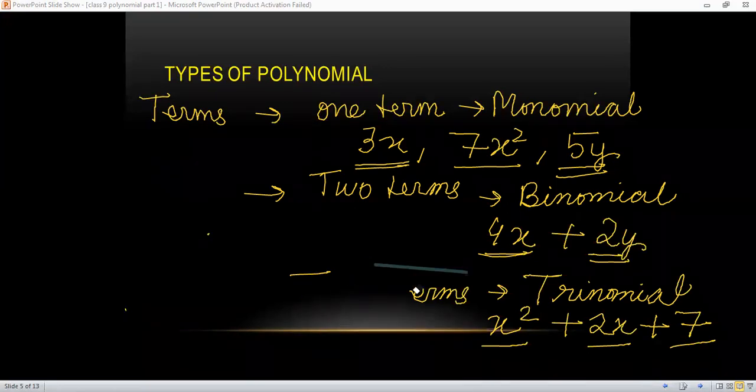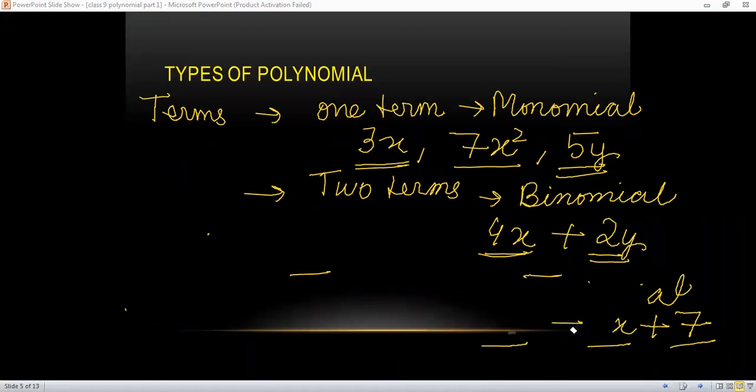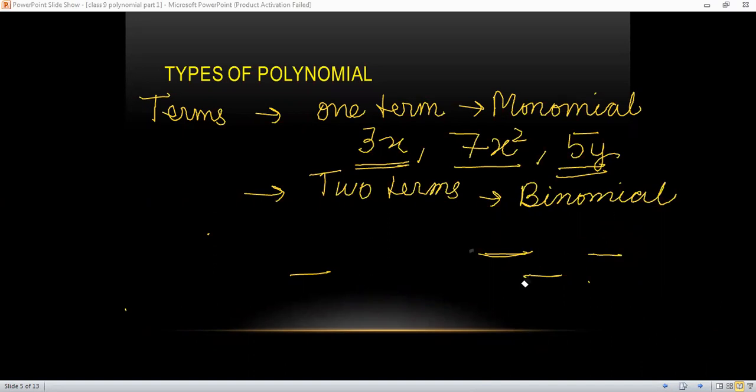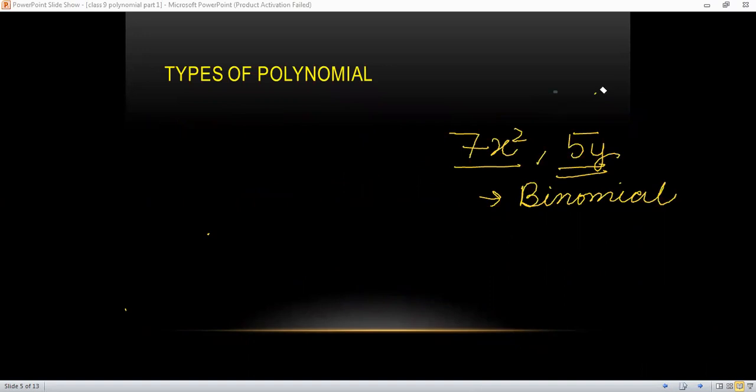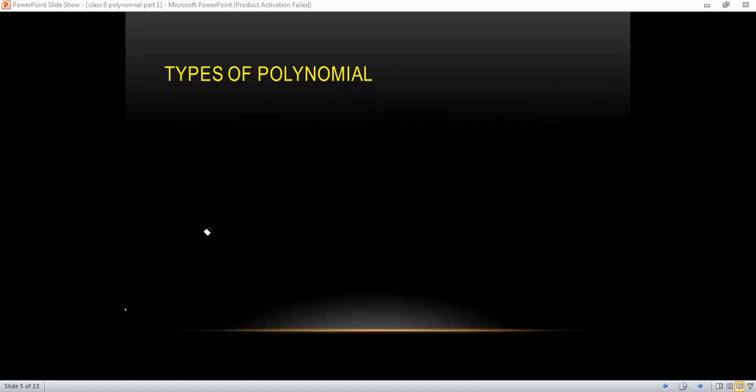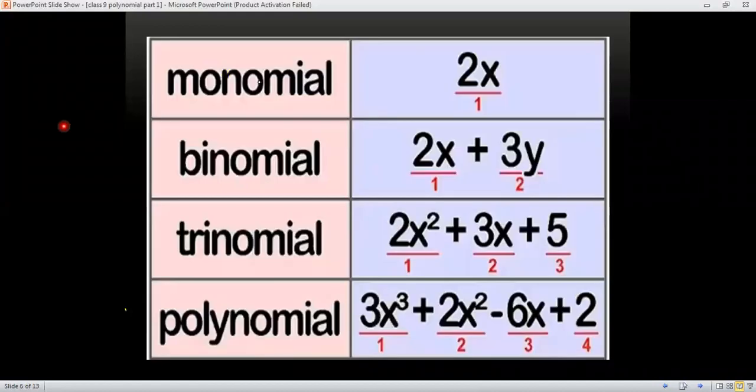And if a polynomial is having four terms, we call it as cubic polynomial. And if a polynomial is having n terms, then we call it as polynomial because poly means many. For monomial, an example is 2x.